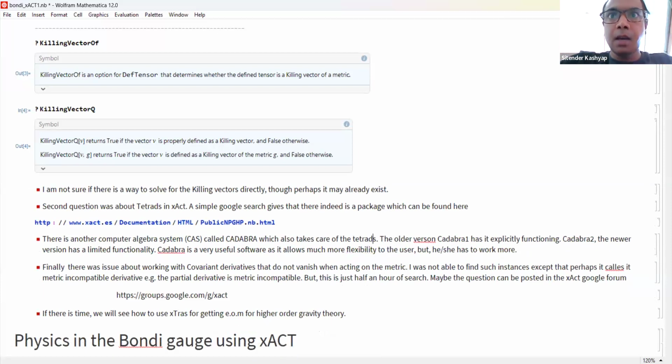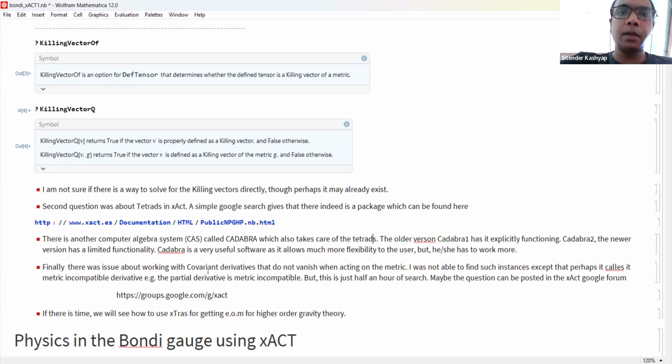The older version, Cadabra 1, had all of its functionality. The newer version, Cadabra 2, still has to upgrade these commands. But Cadabra, nonetheless, is a very useful software as it allows much more flexibility to the user. But there, the user has to work a little more to get their work done, because many of the things are not that automatic. But then it allows more flexibility. I mean, many things which are not possible in xAct can be done.